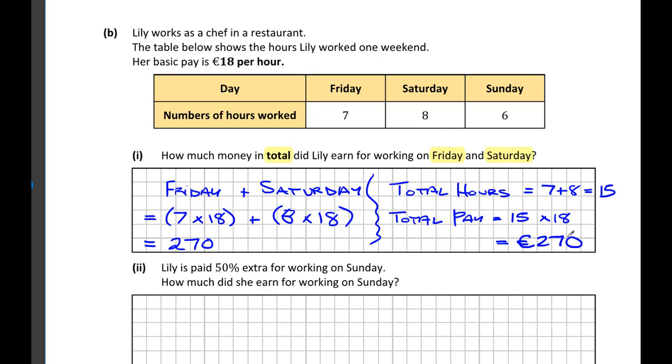Okay, so over here, I'm just going to write that down. Total pay. So just make sure it's obvious. So you can express that calculation in a couple of different ways. So it's €270.